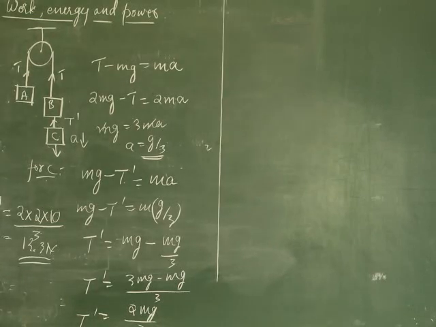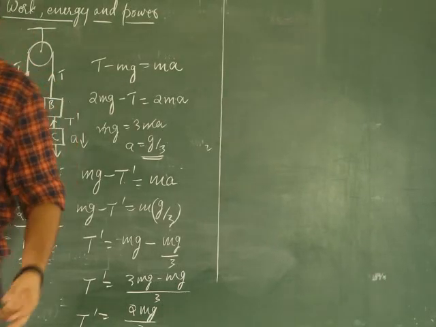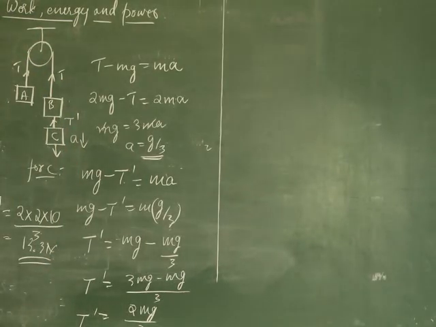2 blocks are connected by a string as shown in the diagram. The upper block is hung by another string. A force F applied on the upper string produced an acceleration of 2 meter per second square in the upward direction in both the blocks. If T and T dash be the tension in the 2 parts of the string, then it is given. So let us draw the diagram.